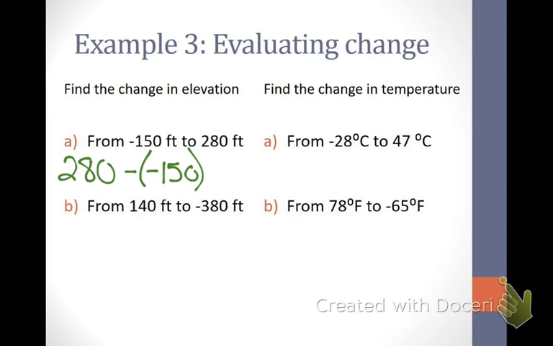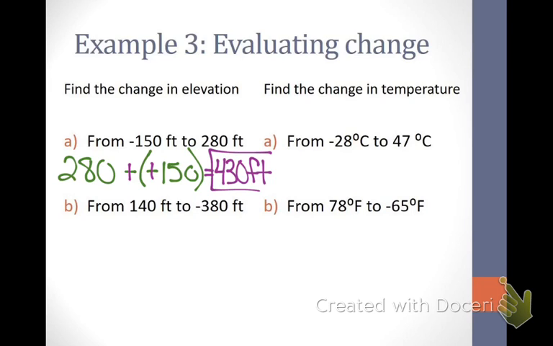The subtraction sign, this one, is built into my formula. But then since I have to subtract a negative amount, it changes it to a double negative, which we know is a positive. So now we add 280 plus 150 to get 330. Close. 430.